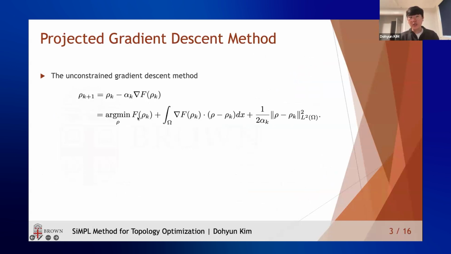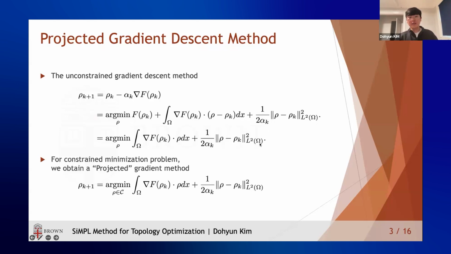This is actually equivalent to solving a local minimization problem, where we replace the objective function by its first order approximation and add an L2 regularization term. After removing the constant terms, we obtain this final subproblem.